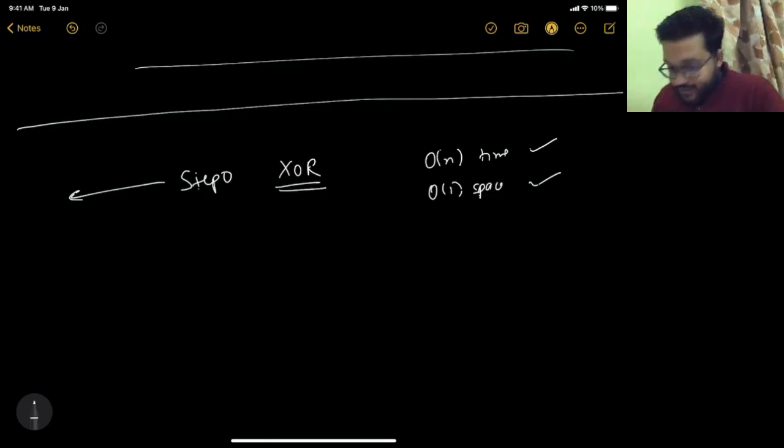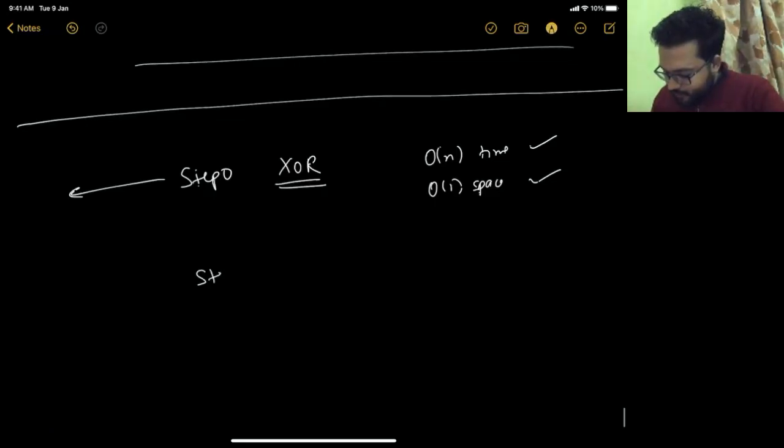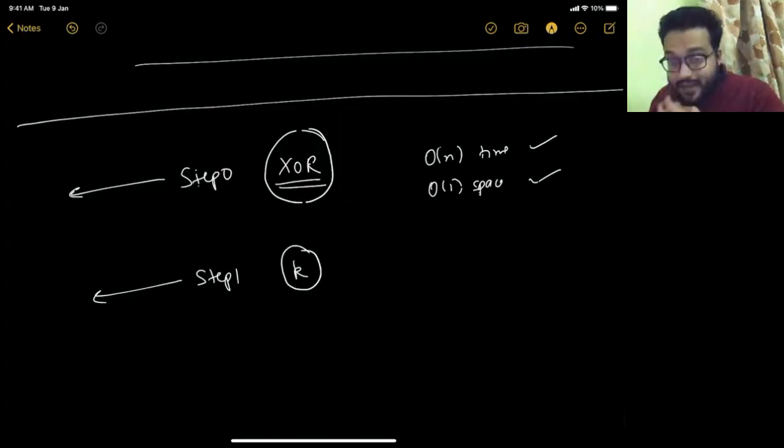The moment I get my answer to be greater than 0, I will understand that, hey, this bit is a 1. And after every check, if this was not greater than 0, I will keep on left shifting my 1. Is that correct, guys? So I will basically try to find the K where the XOR with 1 left shifted K times is greater than 0. Guys, is that clear to everybody?